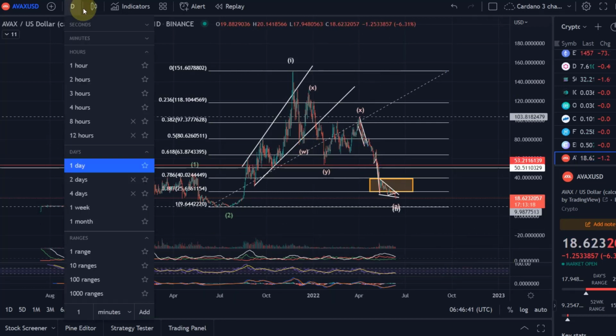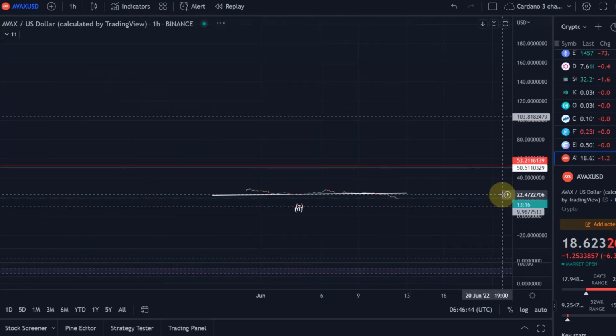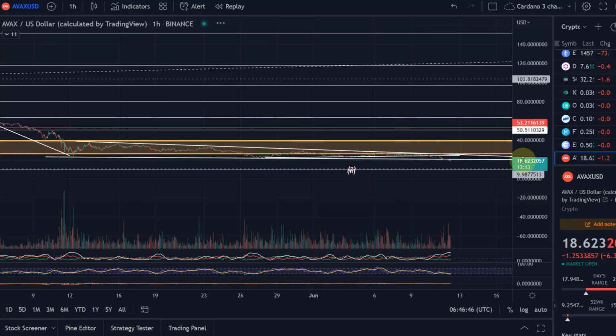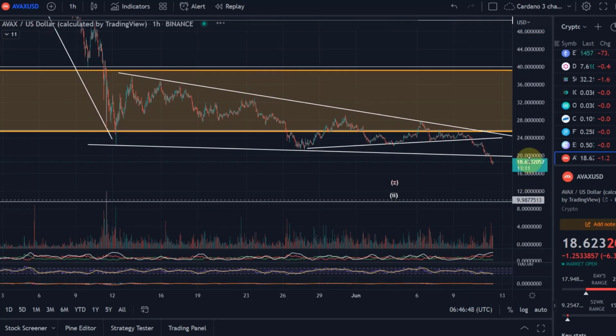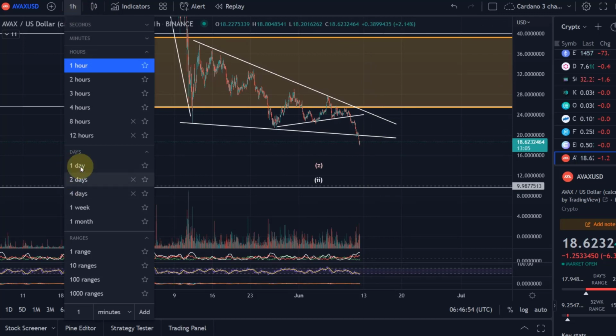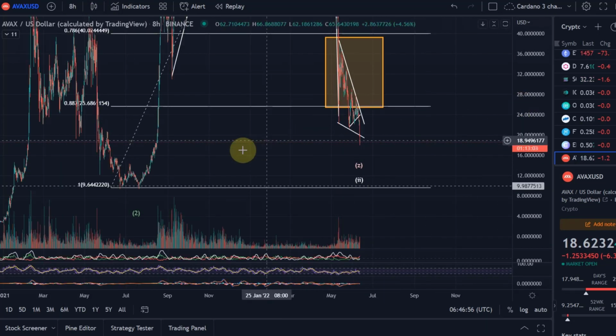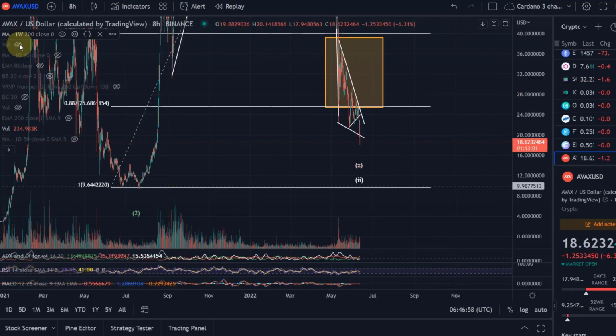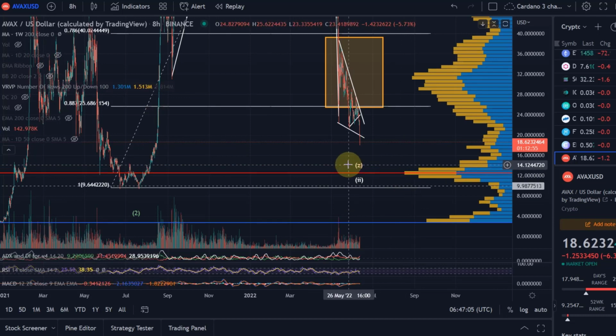Just wanted to update you that we dropped below this key level, and that we can now expect, with a high likelihood actually, a $9.64 AVAX or $10 AVAX, because there isn't much support left. Well, actually, and I think I mentioned that yesterday, if we add the VPVR, I think there will be support around $12, $12.50. So let me add the VPVR, and then I can add this as support line here on the chart.